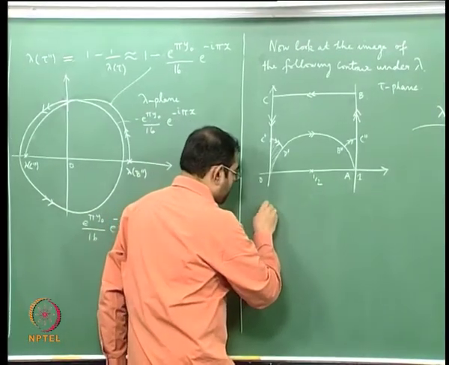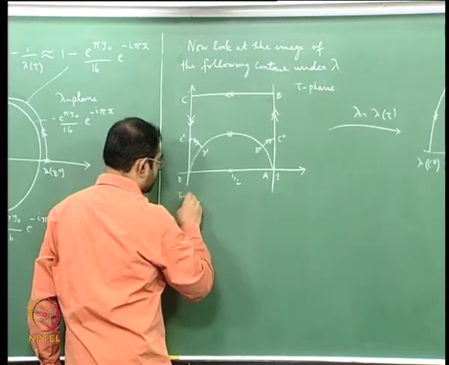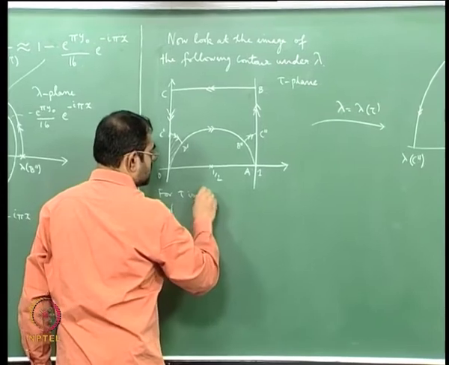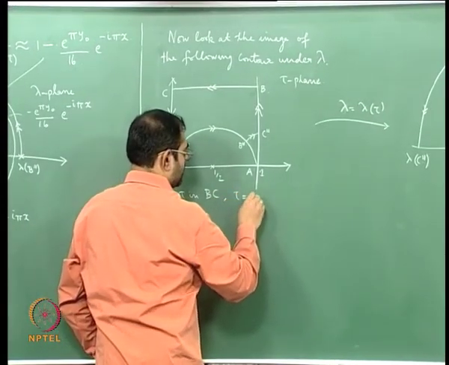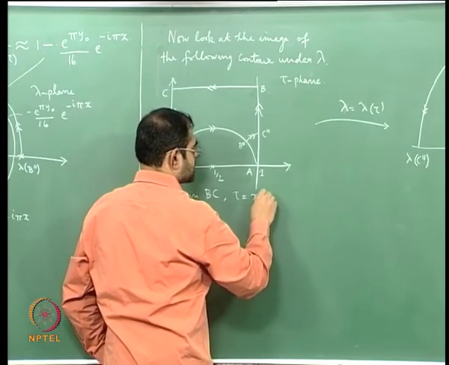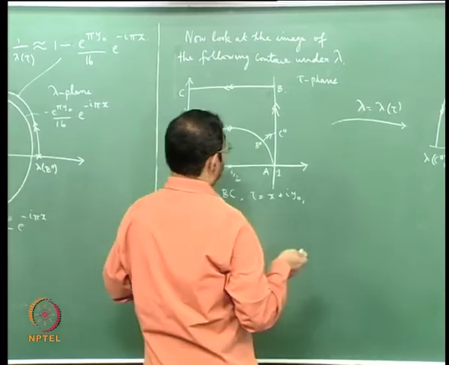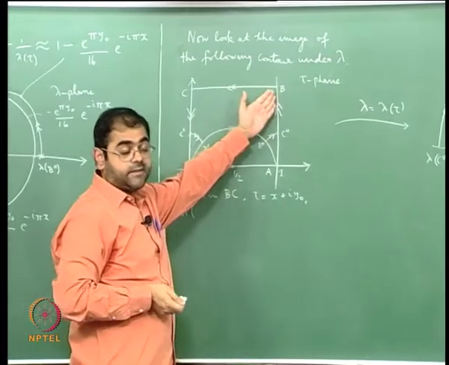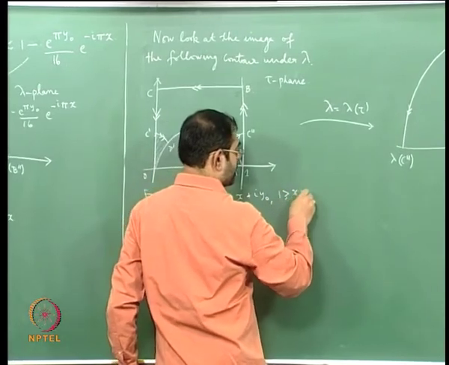So what is lambda of tau for tau in BC? Tau is x plus i y naught, and as I am on BC, x is decreasing from 1 to 0, so 1 is greater than or equal to x, which is greater than or equal to 0.